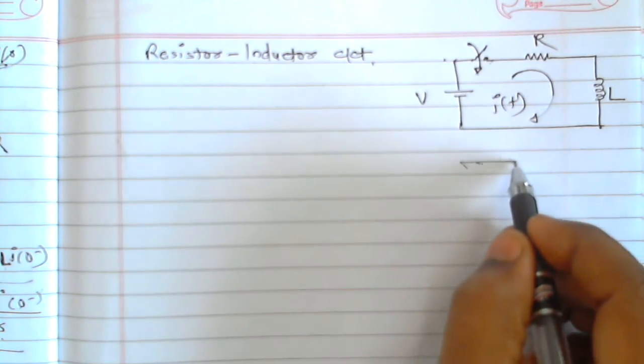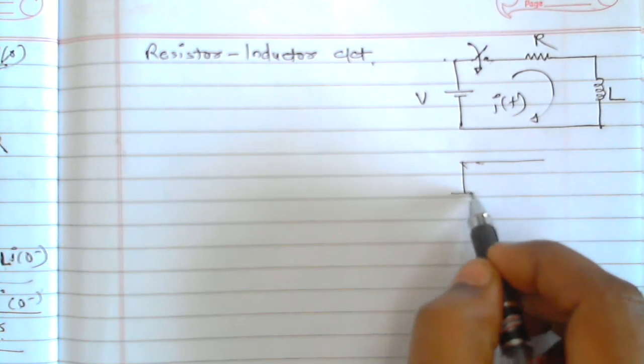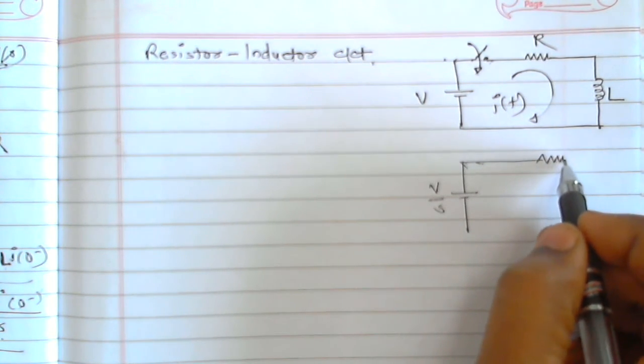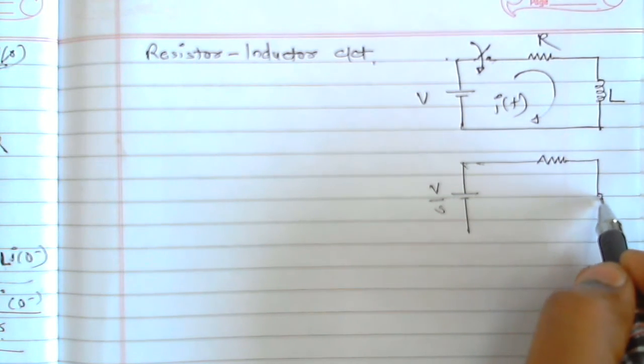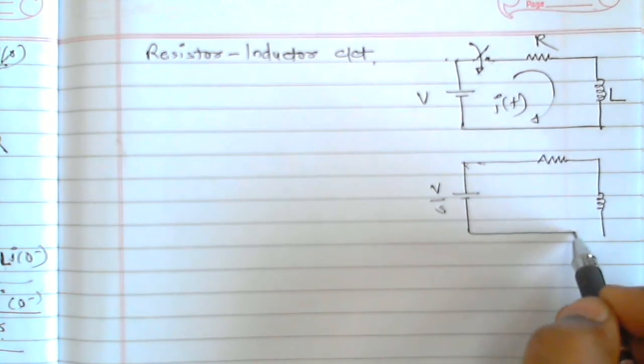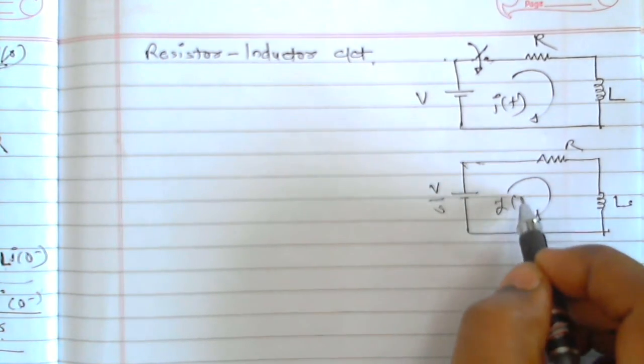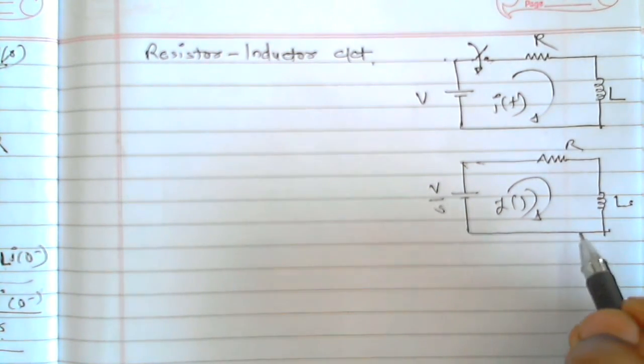So at that time your voltage in the Laplace domain is written as V/s. Resistance will remain as it is. Inductor will be Ls, R, and this is I(s), right?